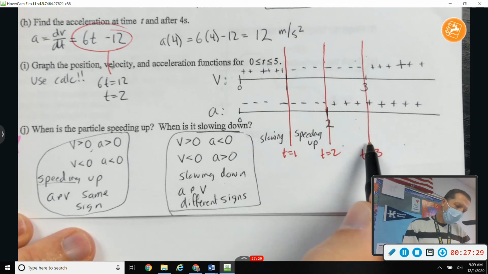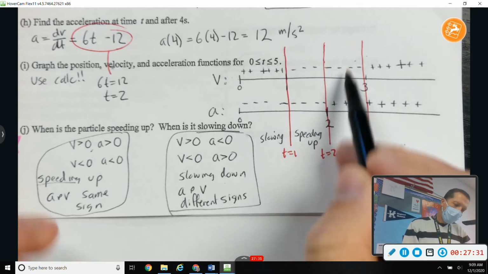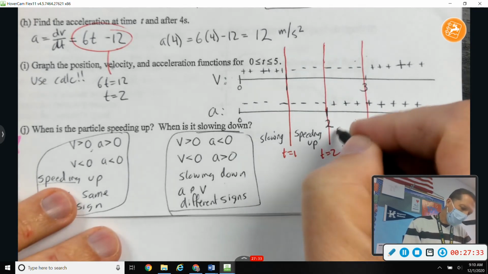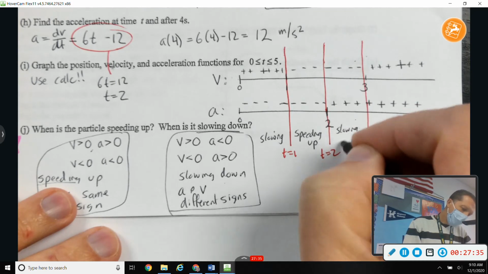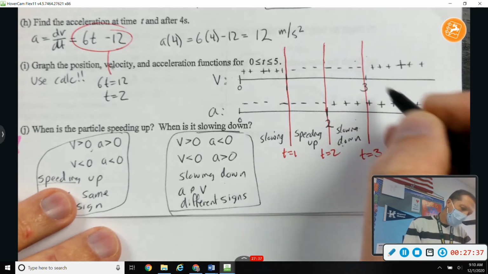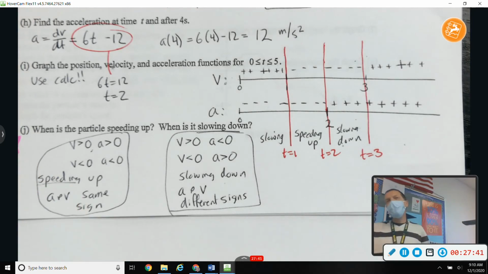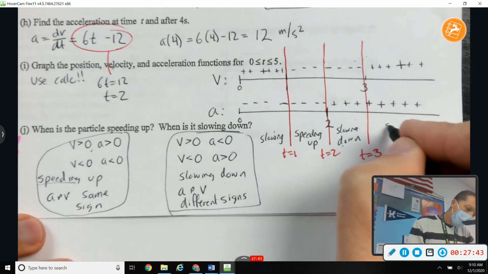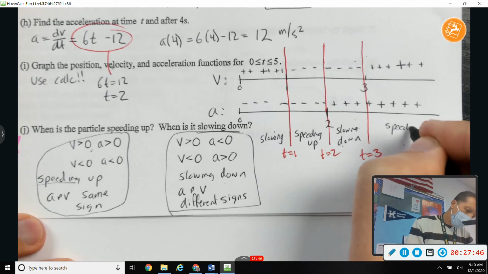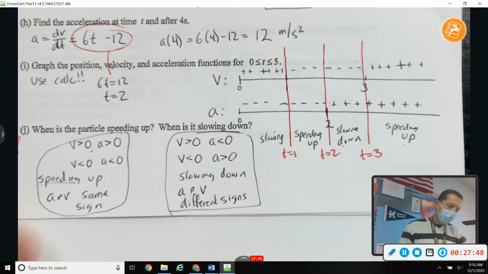From 2 to 3, they have different signs, so we're slowing down. And from 3 on, they're positive, positive, so we're going forward and we're speeding up forward. We're speeding up.